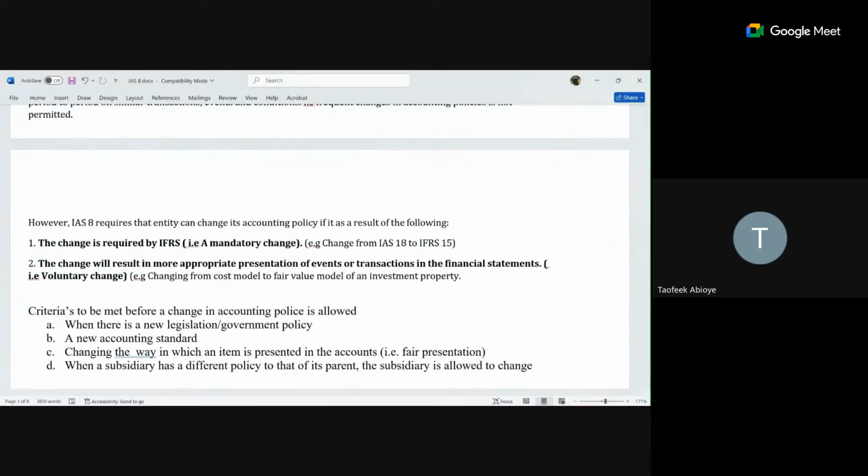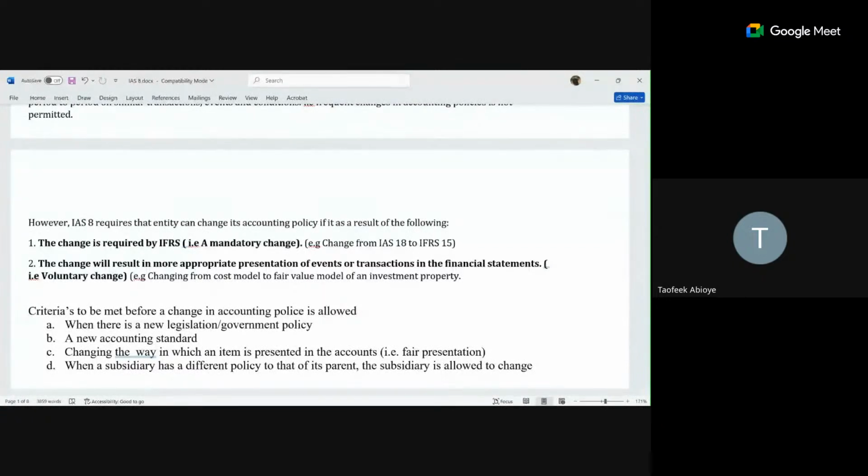It's not mandatory yet, as the period has not yet arrived, but early adoption is also allowed. But the moment that particular period of adoption arrives, it becomes mandatory that every organization will abide with it. Second one is that the change will result in a more appropriate presentation of events or transactions in the financial statements.